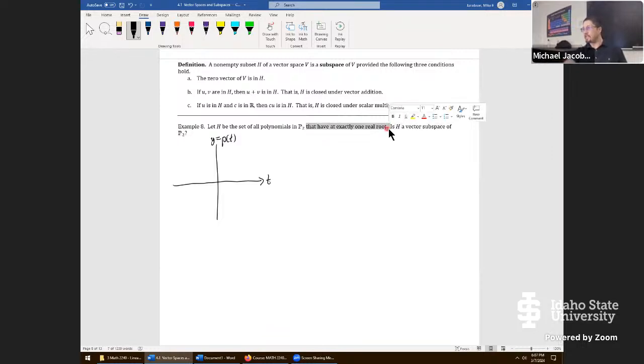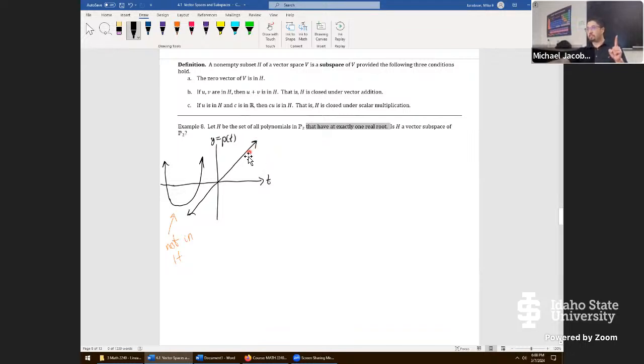And so if I plot something that goes like this, this one is not in H. It doesn't have exactly one real root. It would have two roots, one right here and one right here. So this one is prohibited from being in the right space, even though it does look like it would have been of degree 2. If we draw one that goes like this, this one is in the set.